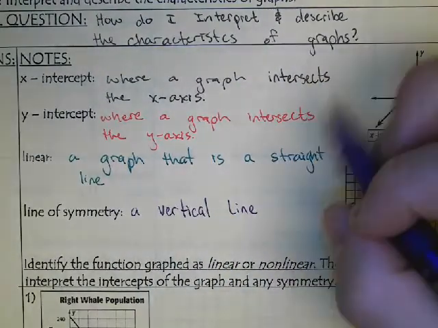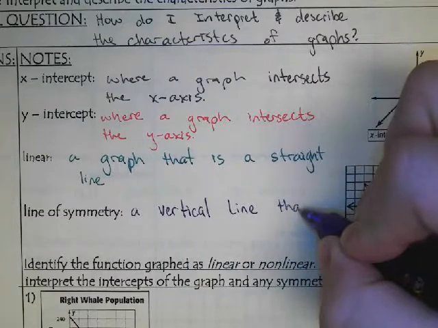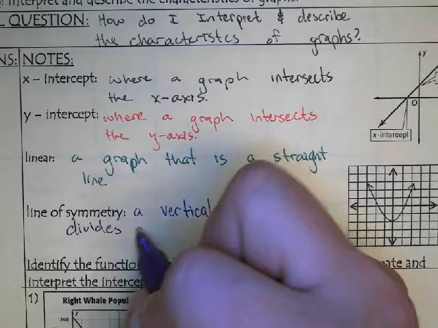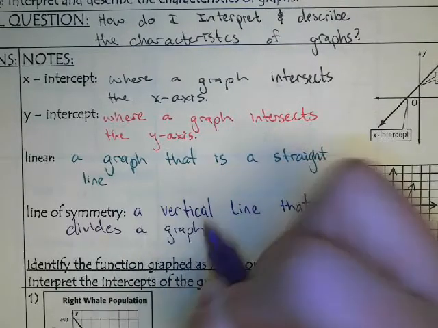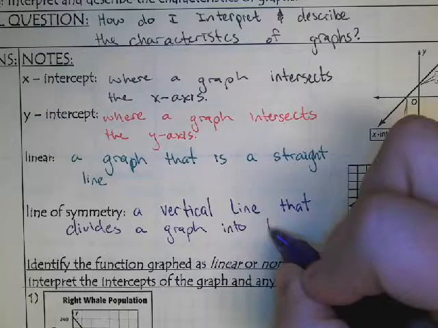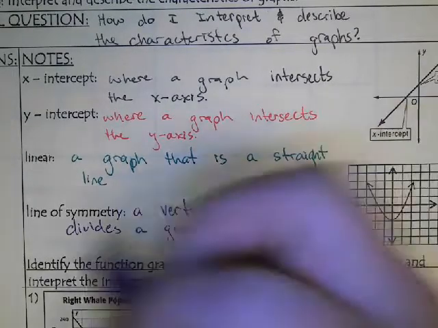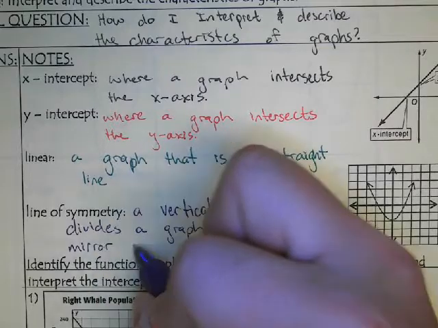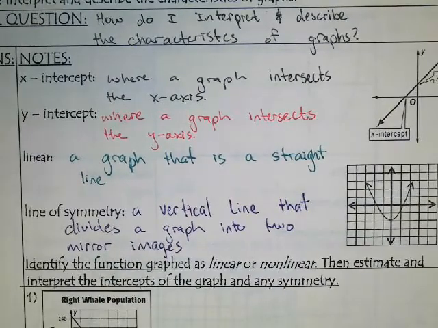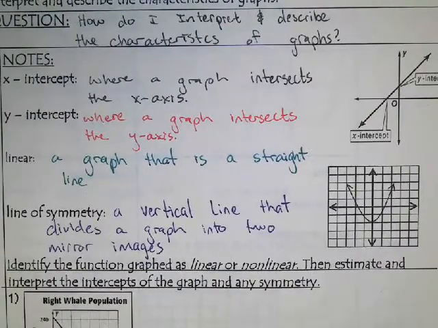A vertical line that divides a graph into two mirror images, meaning it's the same exact on both one side and the other.